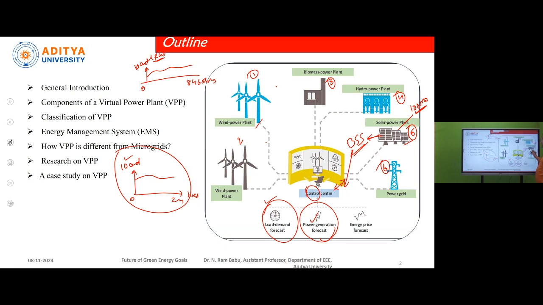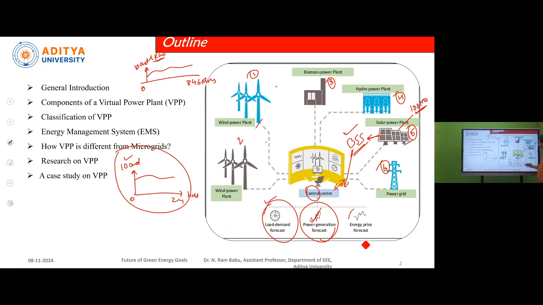Are you getting the point? So we are forecasting the energy generation, and also with the increase in population, we are supposed to increase the generation. Based upon that, new companies will come into the market and sell energy to the grid in such a way that they earn profits.